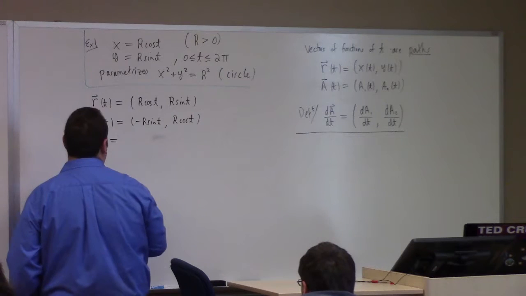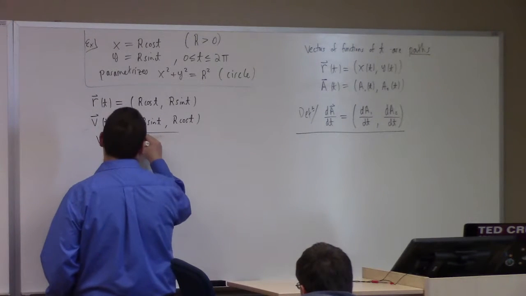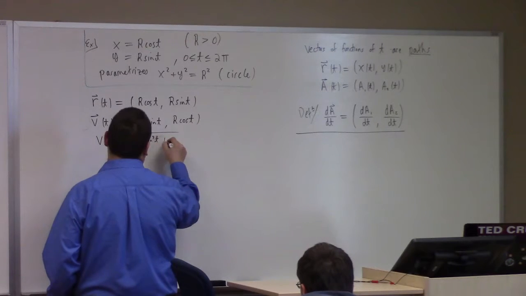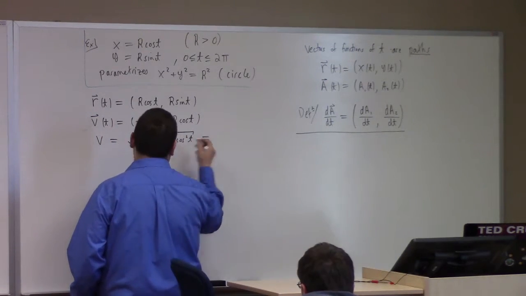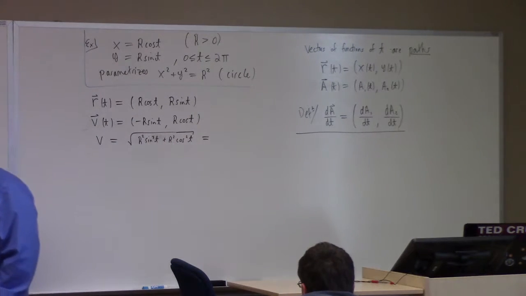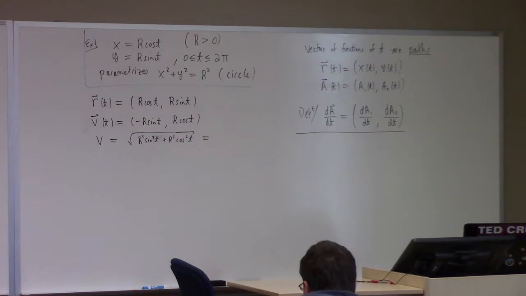That's the speed. Which is what? Some squares of the derivatives. But what is that?